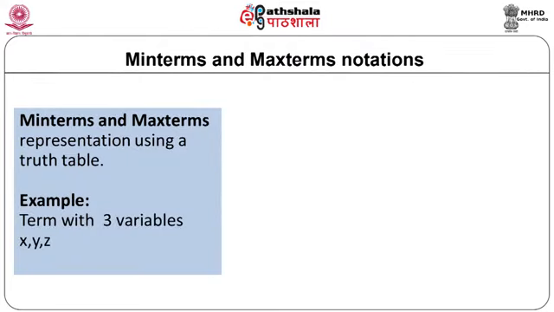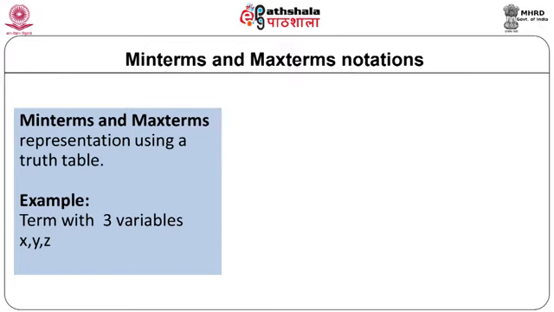Boolean functions can be defined by a truth table. In a Boolean function, a product term in which all variables appear represents a min term of the function. Min terms specify the function as an OR of the min terms.